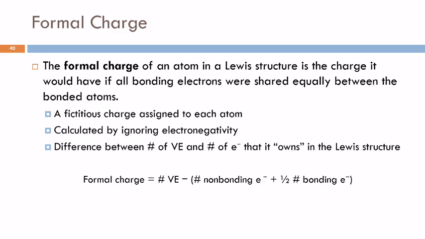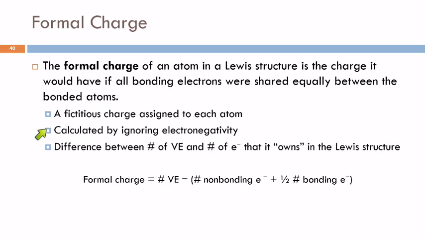These things that we're doing are molecular compounds or ionic polyatomic ions with covalent bonds. We're not saying that the atoms involved have charges, but this is just to help us figure out what's going on. So the formal charge is the charge it would have if all the bonding electrons were shared equally between the bonded atoms.